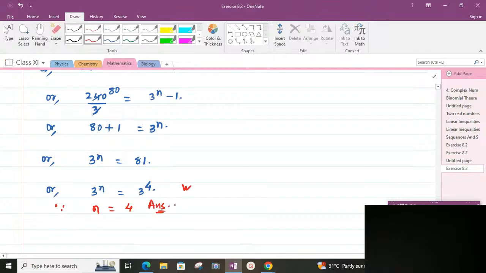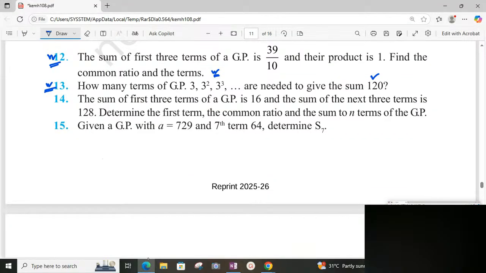Hope there is no problem to understand the solution of question number 13. Let's see the next question. This is question number 14. The sum of first three terms of a GP is 16 and the sum of next three terms is 128.